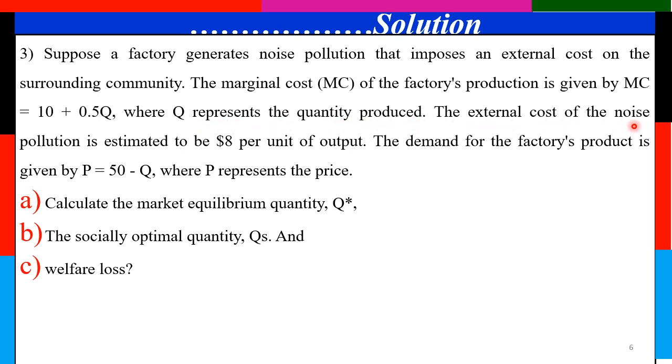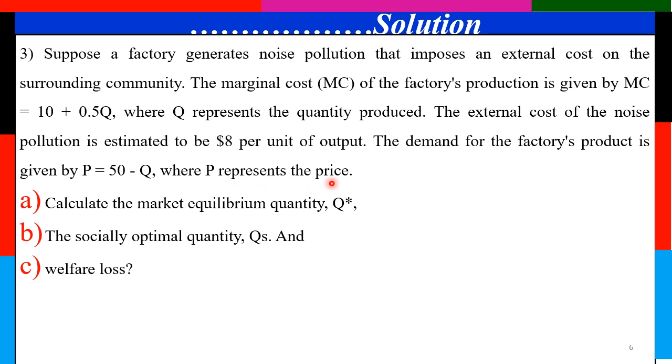The external cost of noisy pollution is equal to $8. This is external damage again. Marginal cost is given, external cost is given, $8. The demand for the factory's product is given. Price is equal to 50 minus Q, where P represents the price.